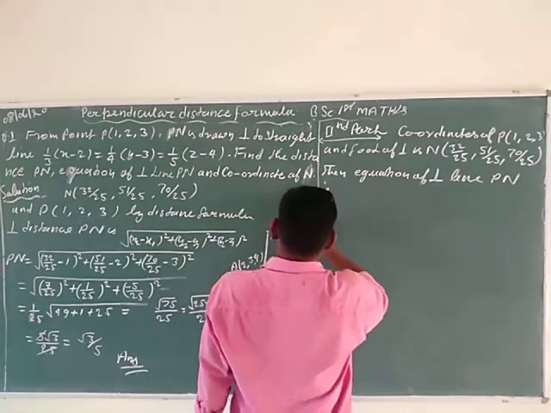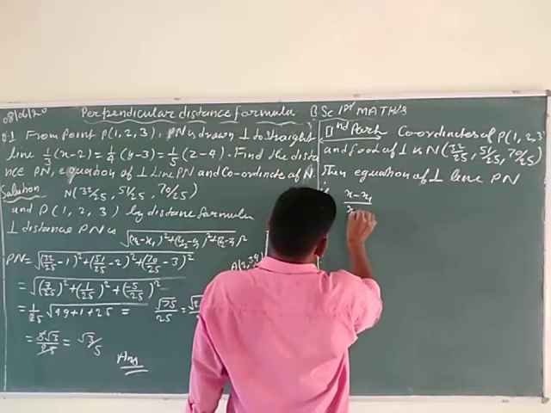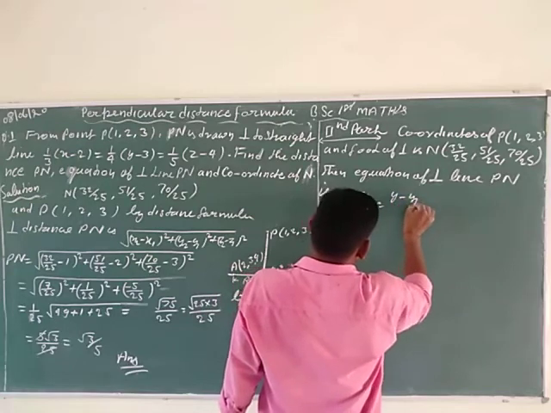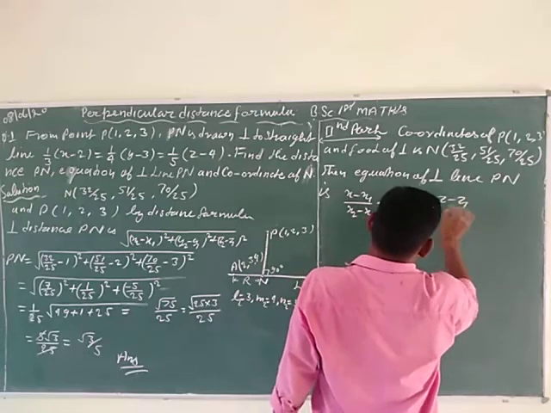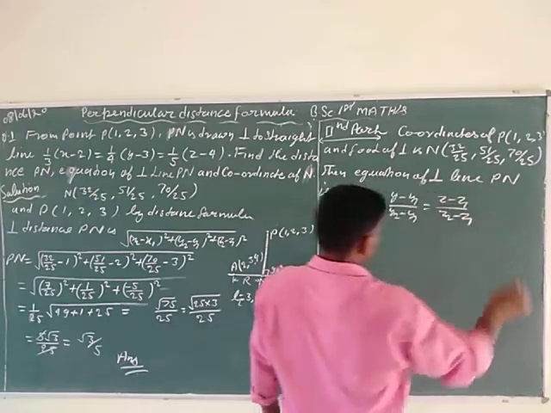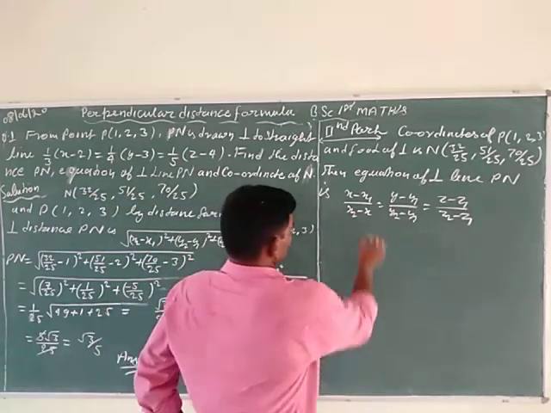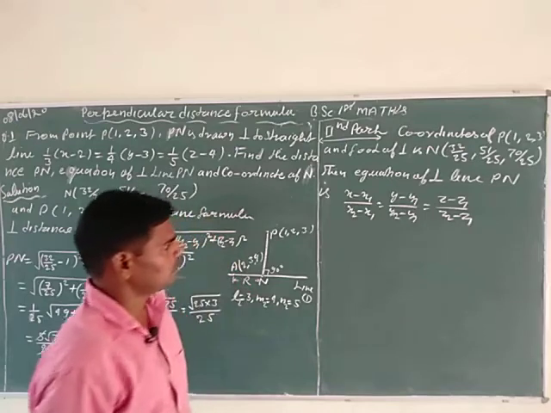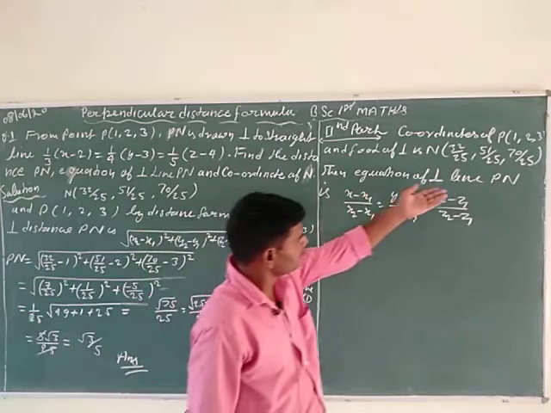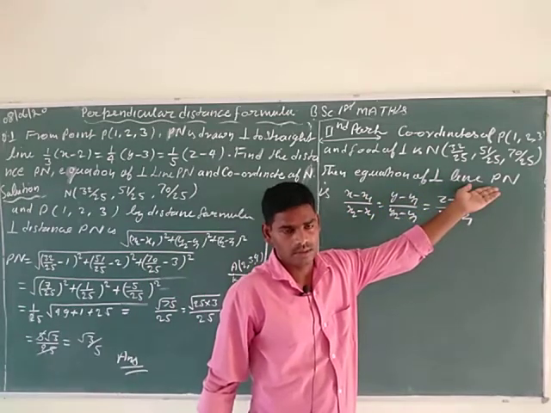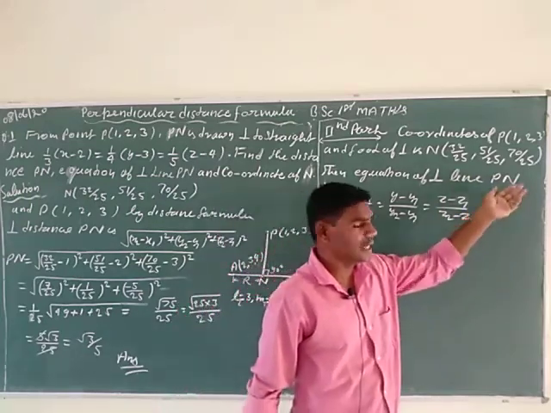This formula is (x minus x1)/(x2 minus x1) is equal to (y minus y1)/(y2 minus y1) is equal to (z minus z1)/(z2 minus z1). This is the straight line equation in symmetrical form. Here putting in the values of x1, y1, z1 and x2, y2, z2. Since the equation is of straight line PN, P is taken as the first point and N as the second point.